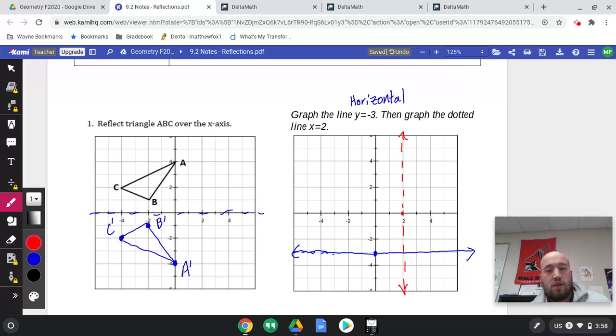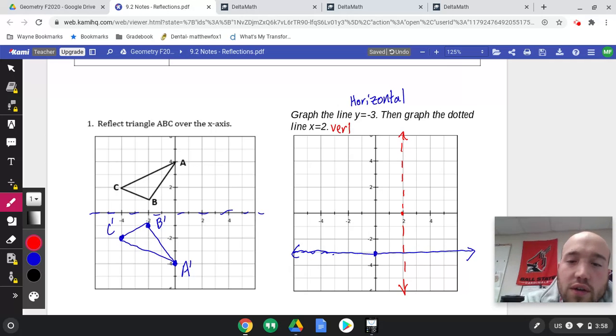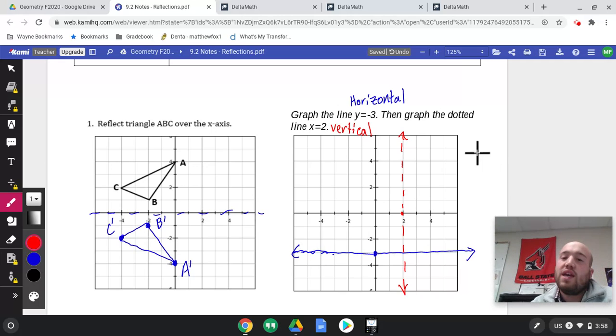Okay, so if we look here, I need to also say that that one is vertical. So it's kind of maybe the opposite of how you would think because it cuts through the x-axis. But if we think about it, every single point on this line, this is at (2, 0), up here would be (2, 2), (2, 4), to (2, -4). Every point on that has an x value of 2. Likewise, every point on this line has a y value of -3.